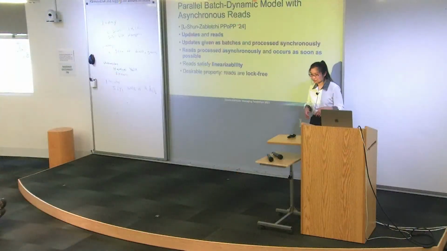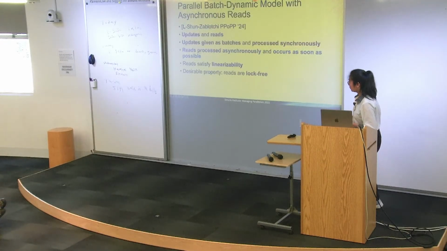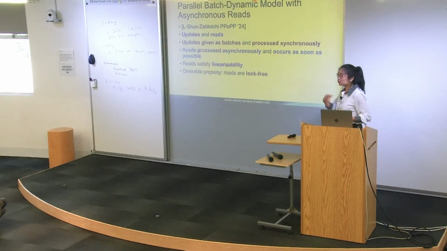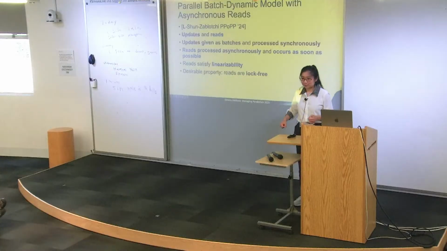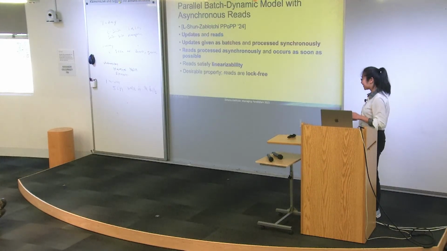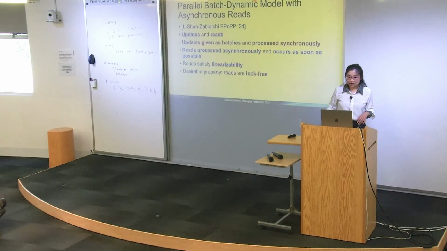Okay, so the question is, when you have a read such as triangle counting, doesn't the result that you return depend on the order of updates you have in the batch, or when you choose to do the read in the middle of your batch? Is that a good summarization of the question? So this is going a little bit into a sneak peek of our results.